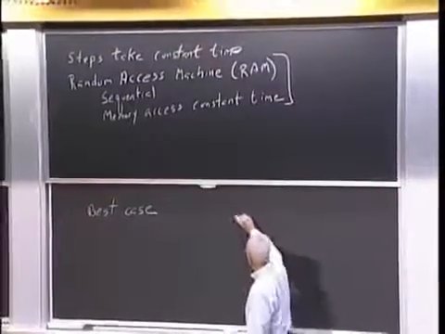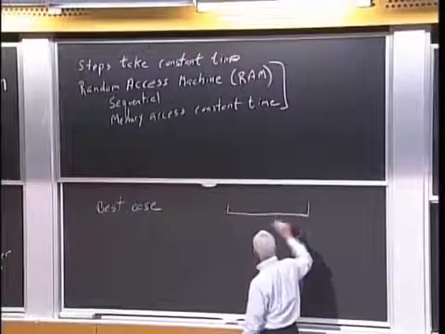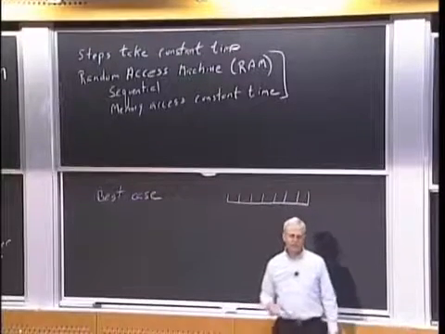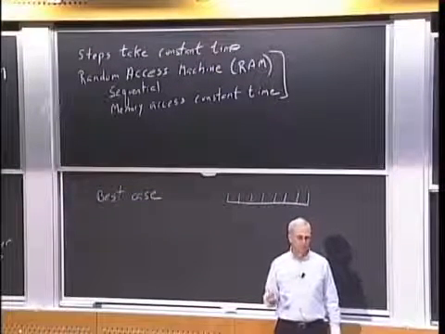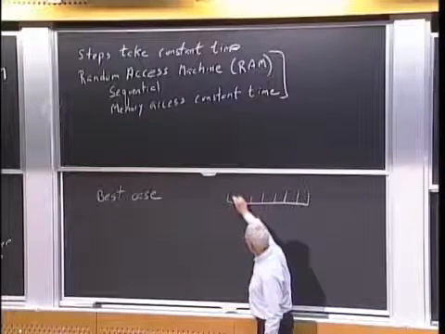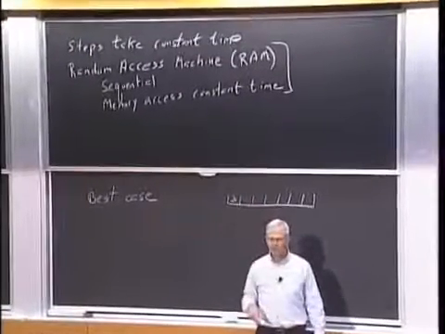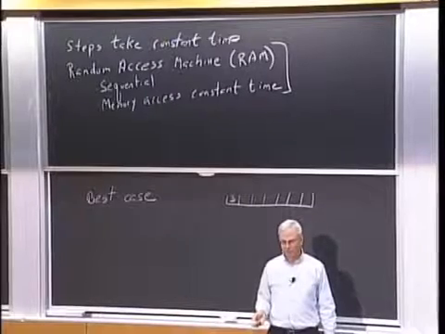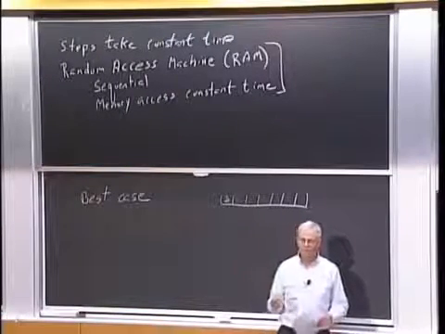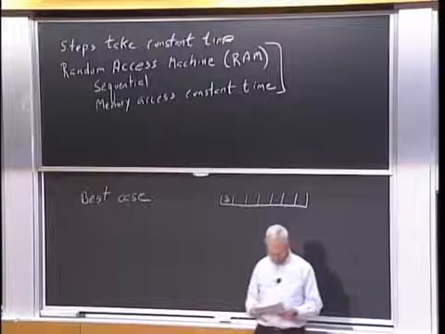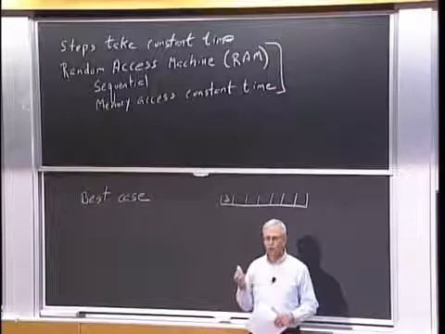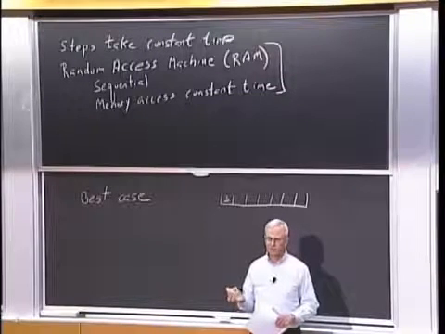So let's say we have an algorithm that's using linear search, we've looked at that before, to find out whether or not an element is in the list. Well, the best case would be that the first element is 3, and I'm searching for 3, and I find it right away, and I stop. So that would be my best case complexity. It's the minimum running time over all possible inputs.